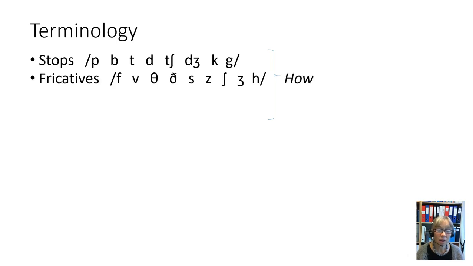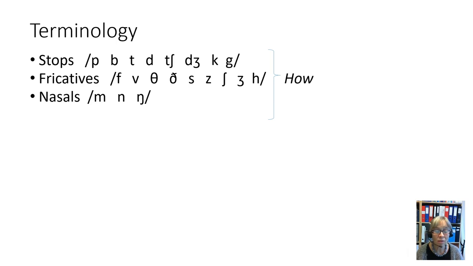Fricatives refer to the way that we make friction. We don't stop the airstream, but we hinder it. So there's friction with fricatives. These terms, stops and fricatives, refer to how we deal with the airstream, what we do to the airstream that we let out of our lungs.